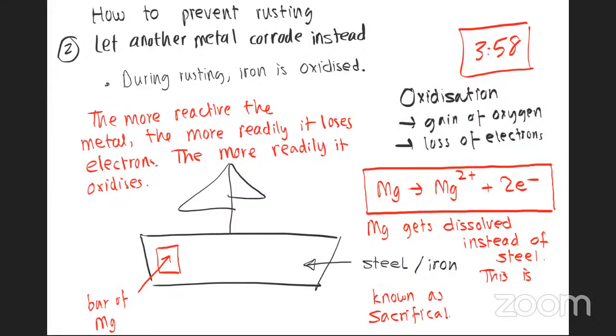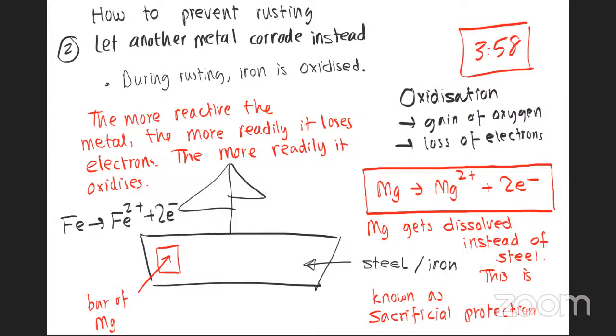Sacrificial. If magnesium wasn't present, it would have been iron that got oxidized, and then it would be the one that rusted.